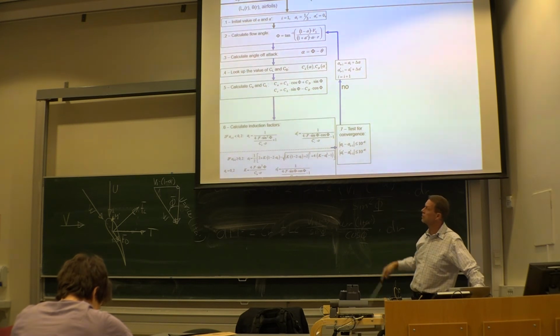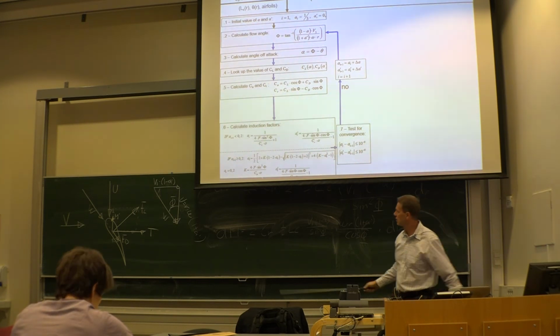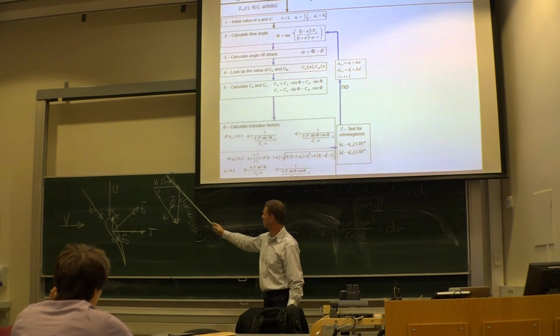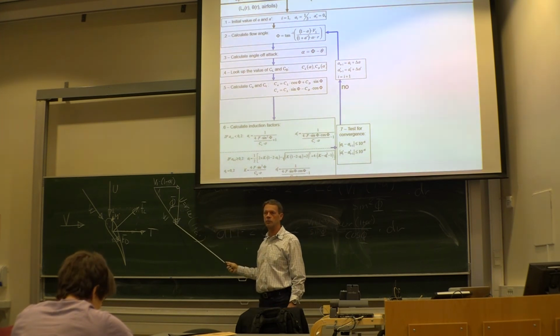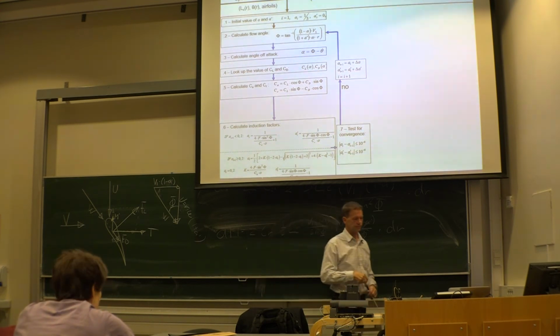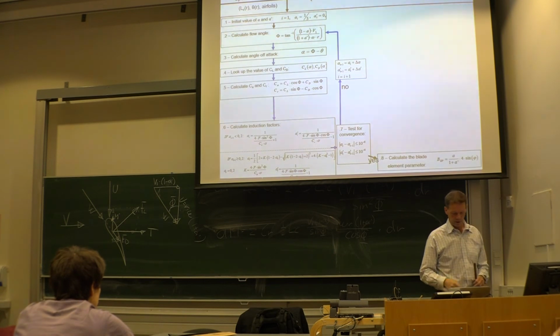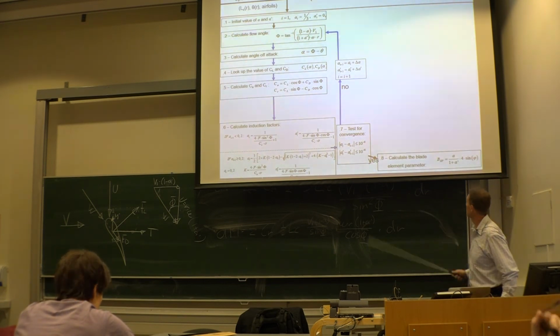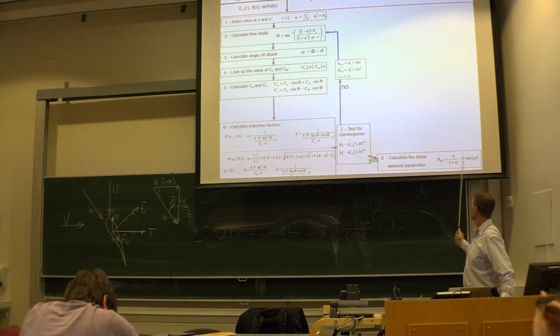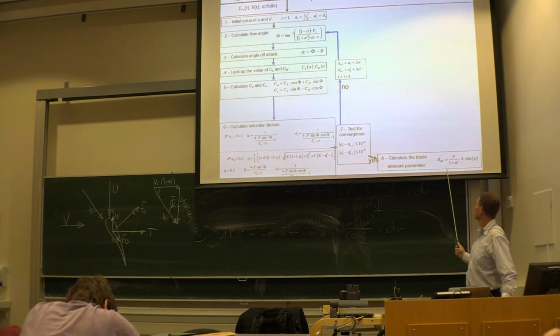That's when you know what the flow actually looks like on your turbine, on each element. If it's okay, then you can calculate the blade element parameter, which is an introduced factor.